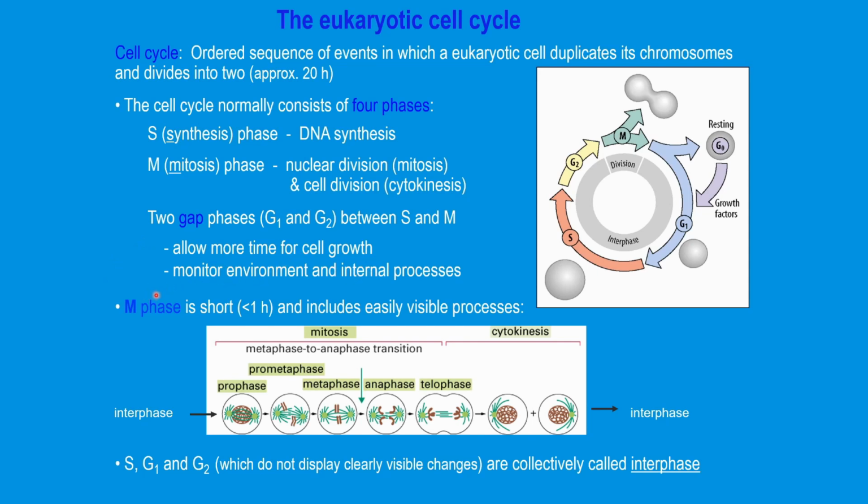The M phase, mitosis, is pretty short, about an hour, and it includes several visible processes, which we'll just remind you of now, that cells exit interphase. They go into prophase, where the DNA starts condensing. We get a prometaphase, where the chromosomes are visible, and then a metaphase, where they align at the metaphase plate at opposite ends of the spindles in the center of the cell.